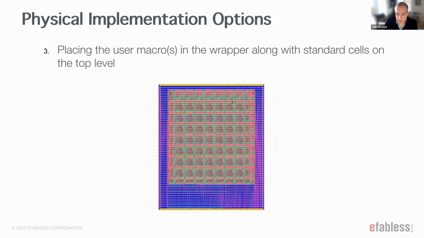You place those at the top in your wrapper at the top level, and then you harden the top level wrapper along with standard cells, including standard cells to optimize all the timing constraints for the full design.